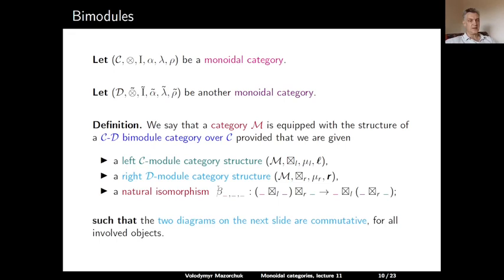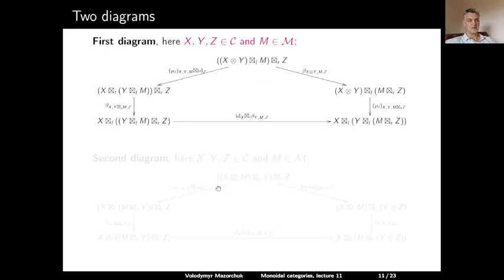And this data should satisfy the following two conditions. There are two diagrams which will be presented on the next slide, and they are supposed to be commutative for all involved objects. Here is the first diagram. This is the tensor product for the left action. We start from an object m in M, and then on the left we act by x tensor y, and then on the right by z.